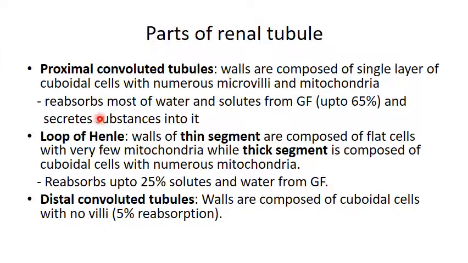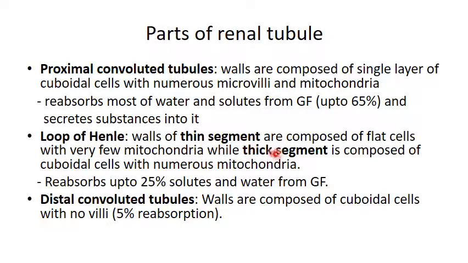So this part of the renal tubule is very efficient in terms of reabsorption, and it is responsible for the reabsorption of water and solutes up to 65%. Moreover, substances are also secreted by the walls of the proximal convoluted tubule and are added to the glomerular filtrate.